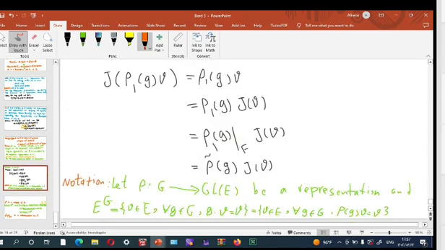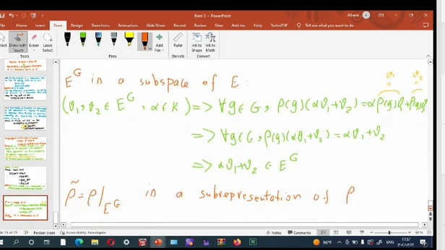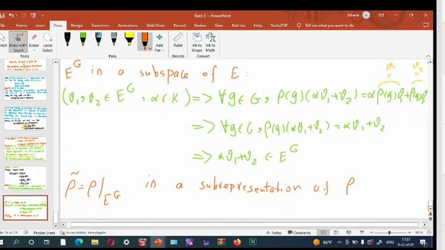We see this for an arbitrary representation, and we have this as a special case of an invariant subspace.